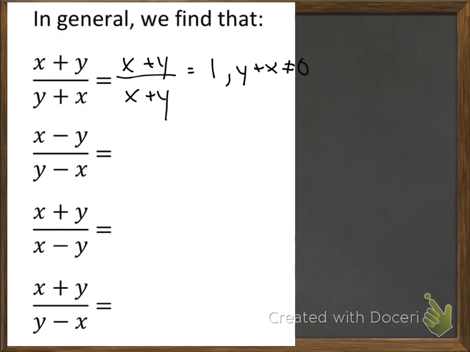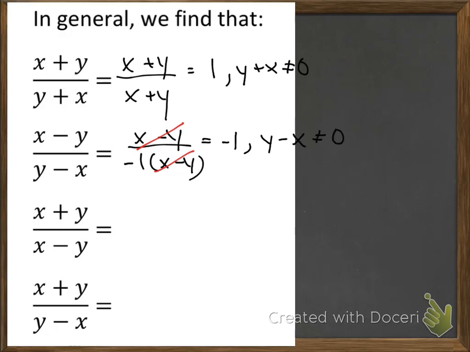If I have x minus y divided by y minus x, remember I can rearrange this by rewriting the denominator as negative 1 times the quantity x minus y. Then these cancel out, and so this would be equal to negative 1, again with the caveat that y minus x is not equal to 0.